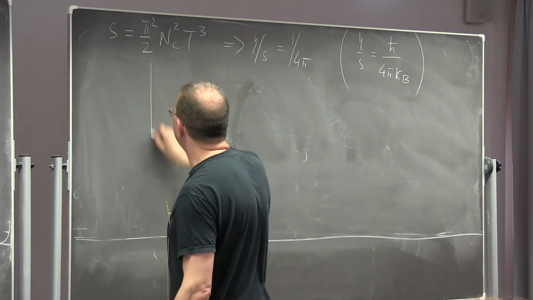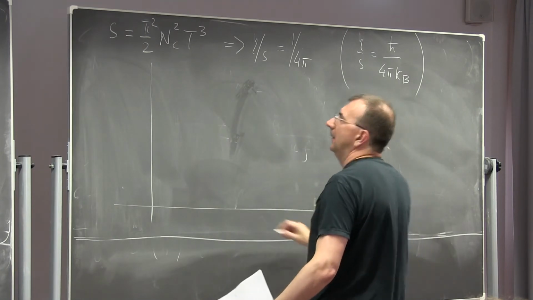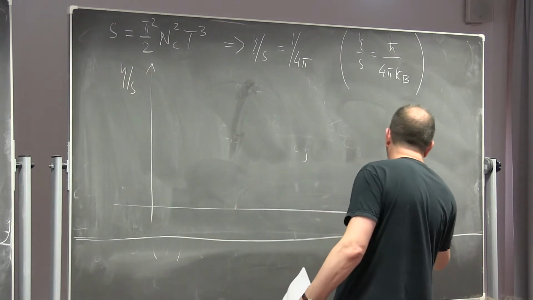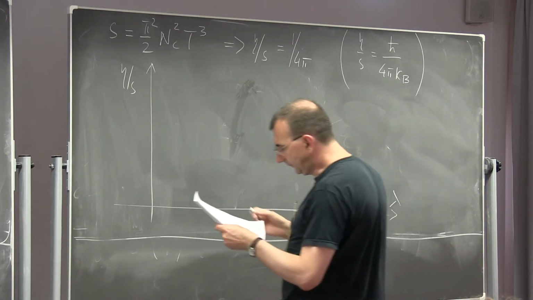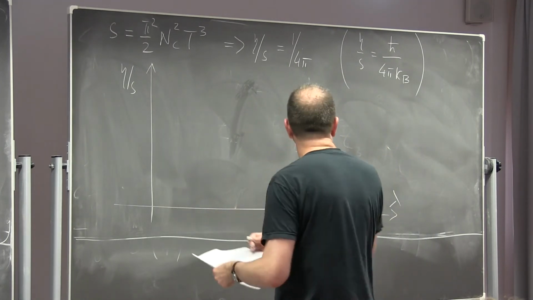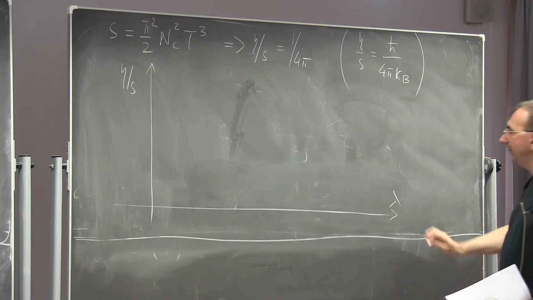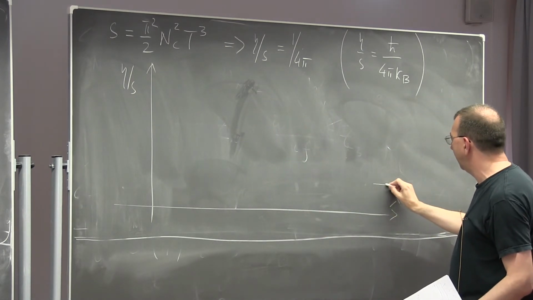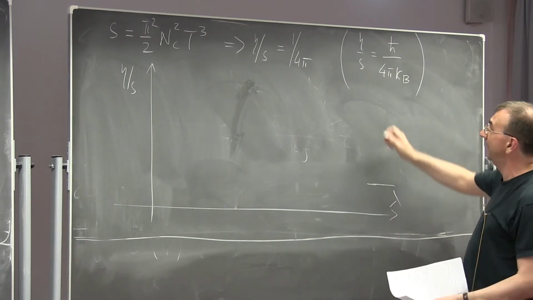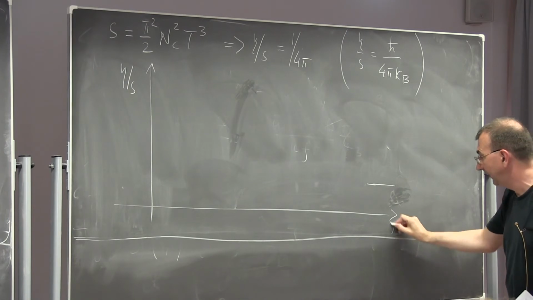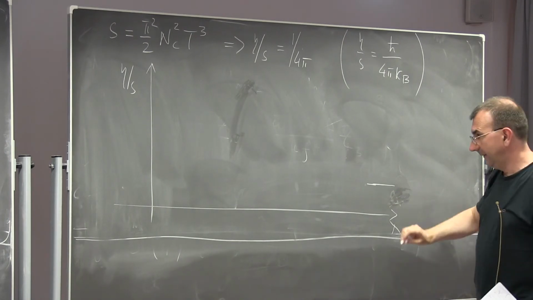So you may wonder what happens at different values of the coupling. If you plot eta over s as a function of lambda, then at infinite lambda it goes to an asymptotic value, which is 1 over 4 pi, so it's independent of coupling, which is already an interesting result.